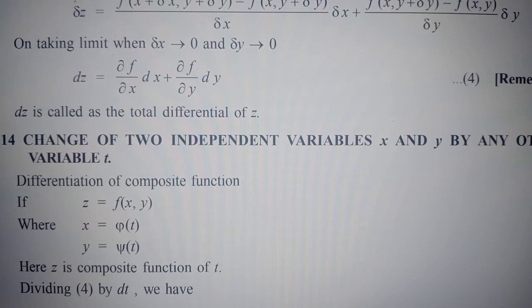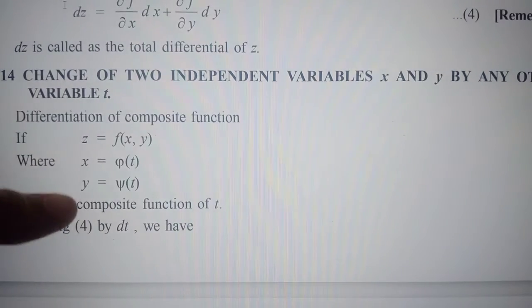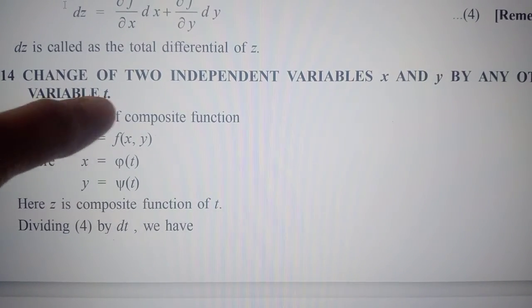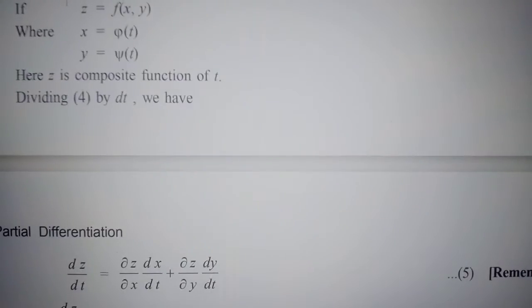That means we are changing x and y variables into another variable t in terms of t. Okay, so z is a composite function of t.